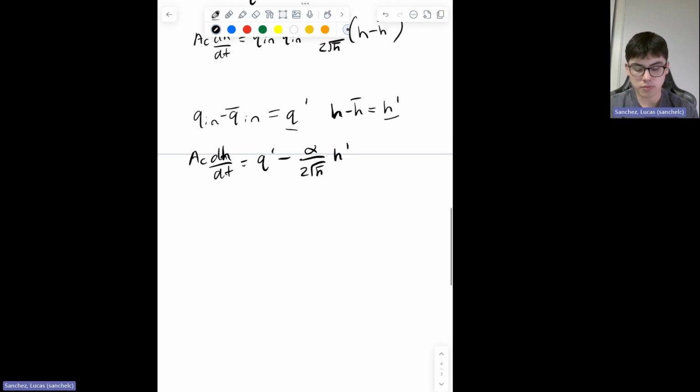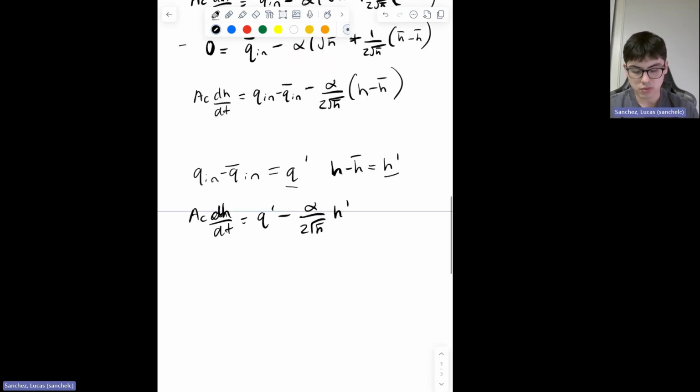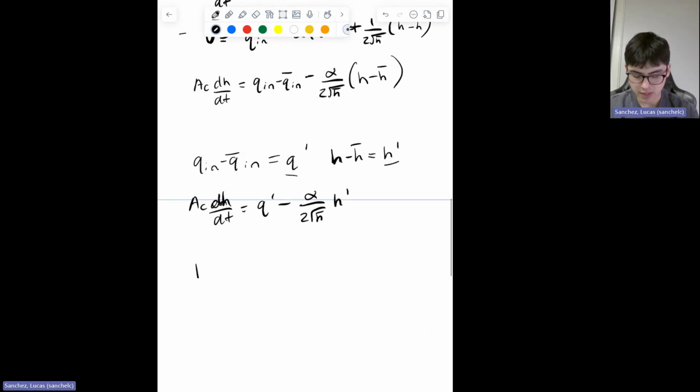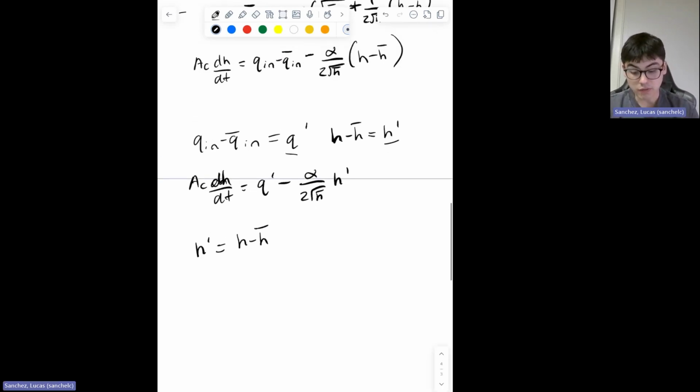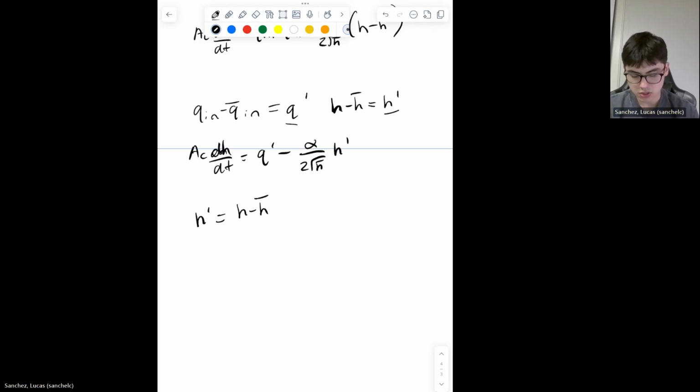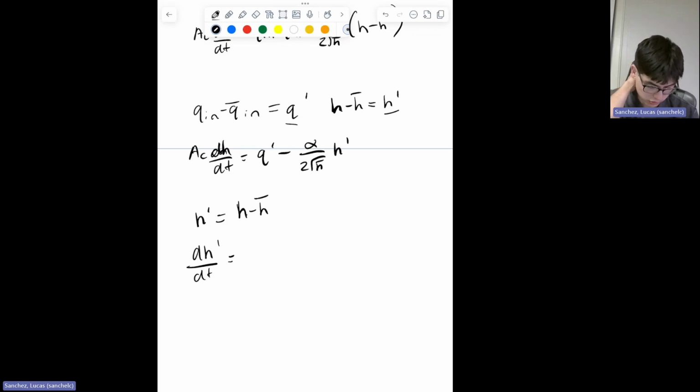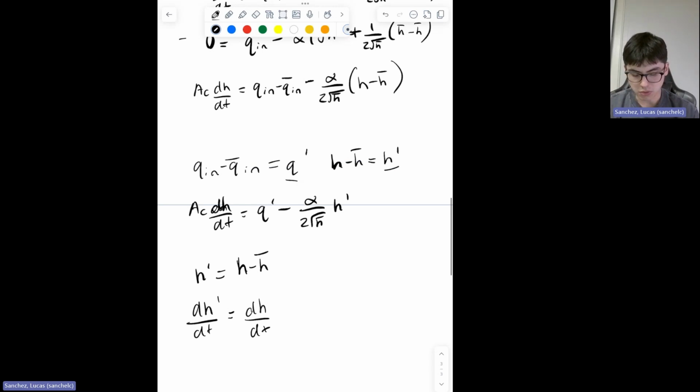And we know h prime equals h minus h bar. So when we take the derivative of the function, h bar is a constant value, so dh prime/dt is simply equal to dh/dt. So we can plug dh prime/dt in here.